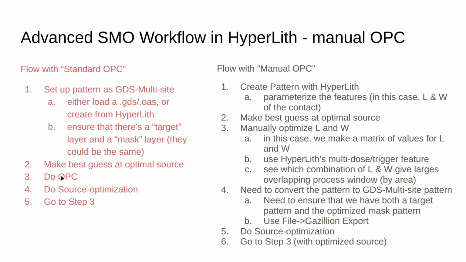And then instead of doing OPC, we're going to manually optimize L and width, the length and width of the feature. So we'll just make a matrix of cases for length and width, and we'll run HyperLith using the multi-dose trigger feature, and we'll see which combination of length and width give the largest overlapping process window by area.